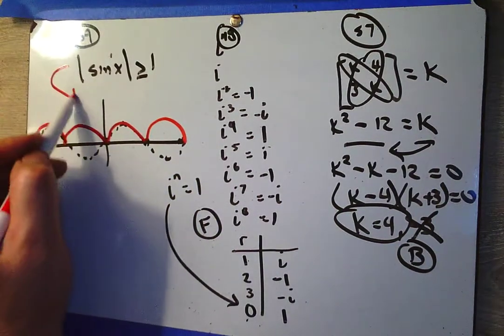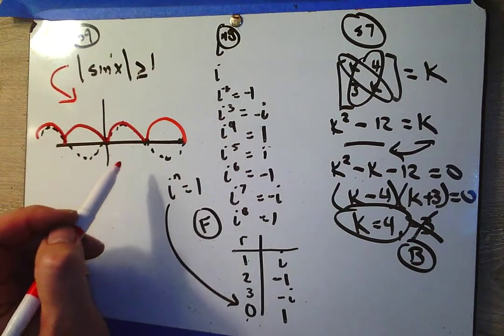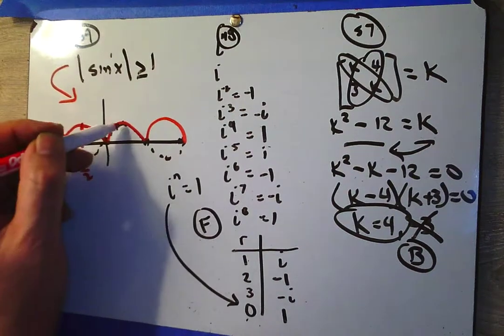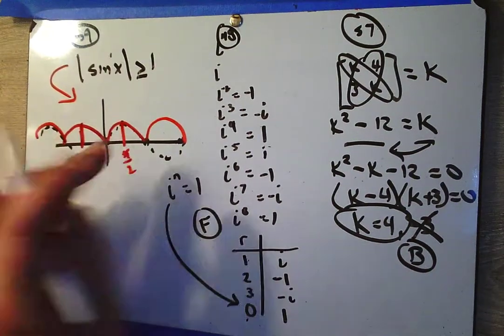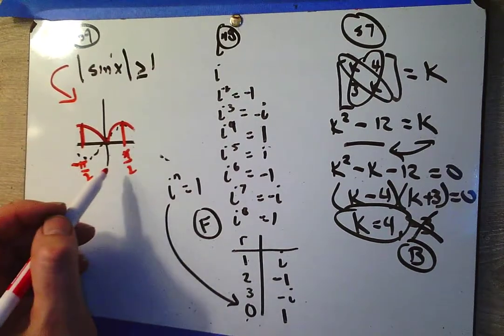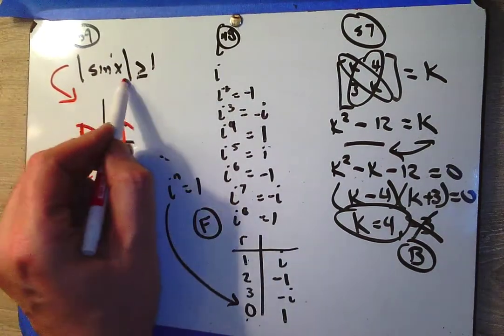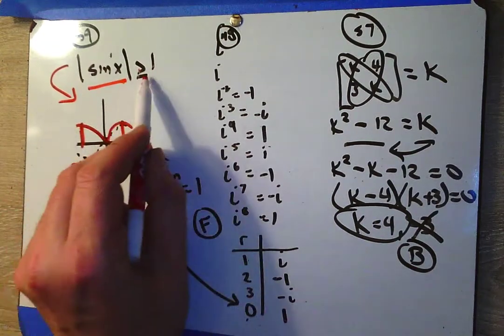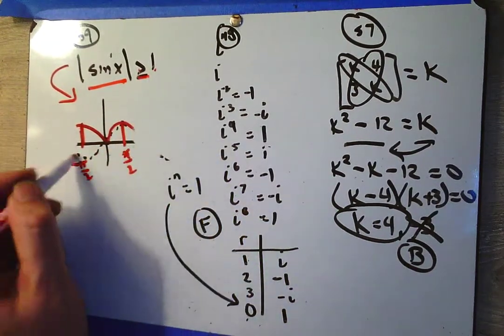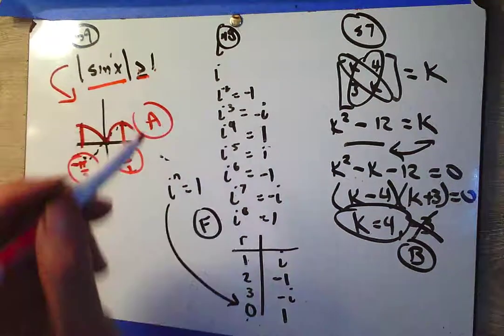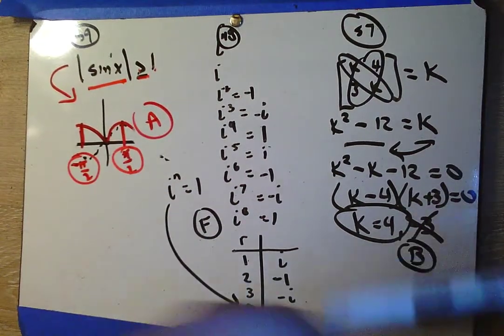So this is the graph of absolute value of sine. And they say on negative pi over 2 to positive pi over 2, we don't need any of the rest of the graph. Where between negative pi over 2 and positive pi over 2 is this graph greater than 1? Never. Equal to 1? Oh, here and here. So that corresponds with choice A. Choice A for number 59.